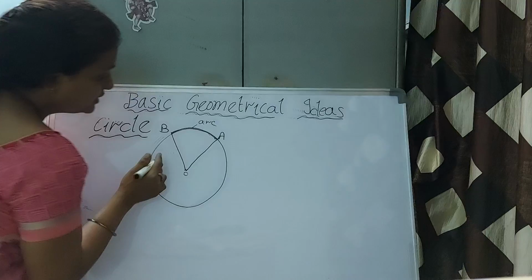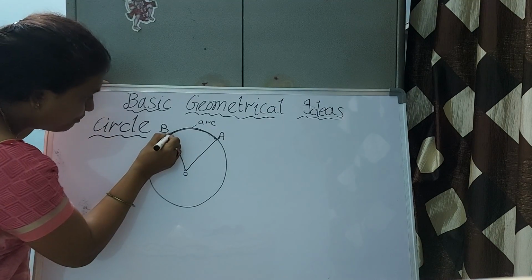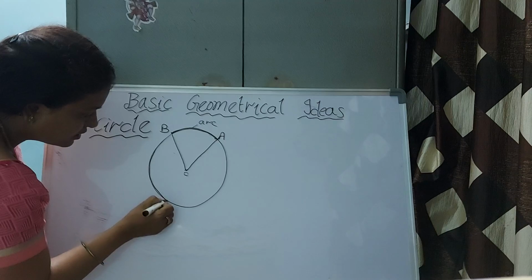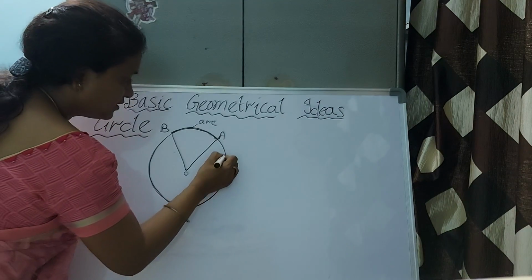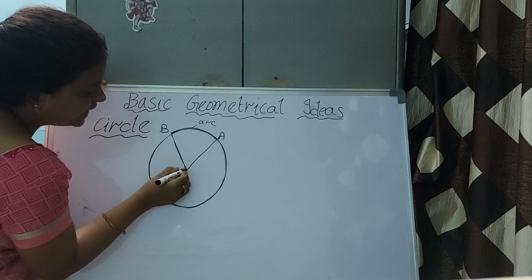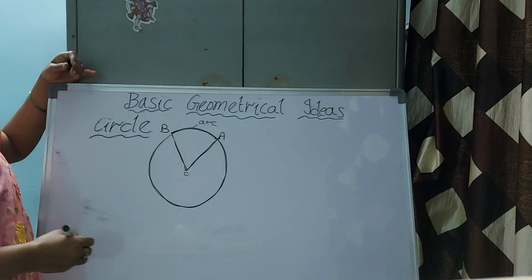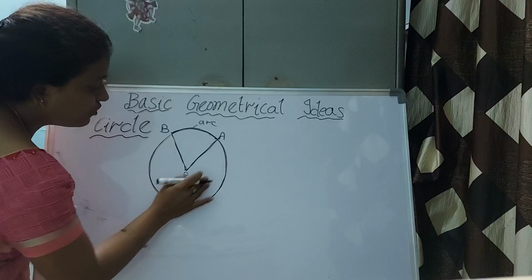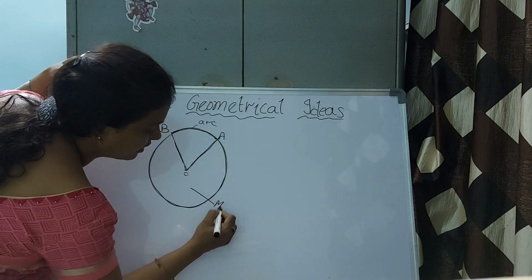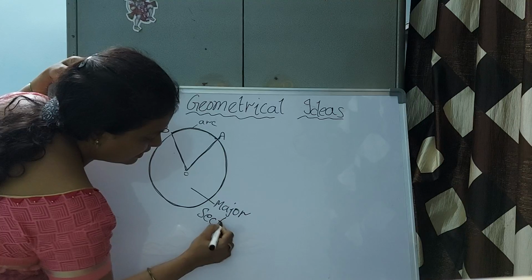This is also one sector. This has one big arc with two radii, and we call it a sector. This is big, so we call it the major sector.